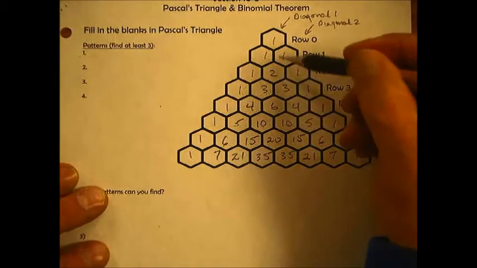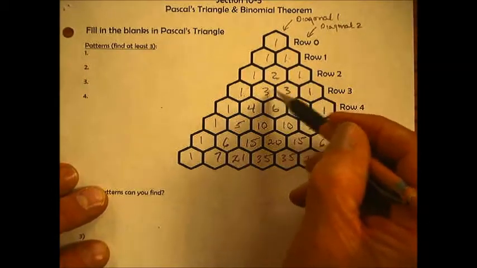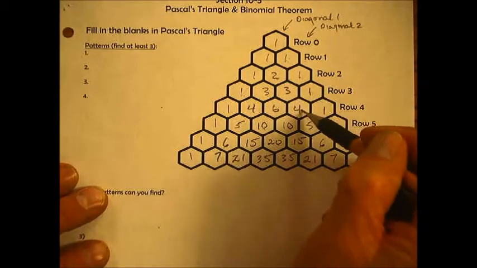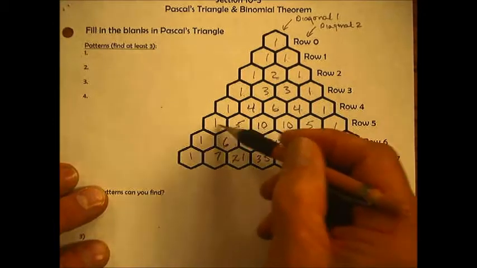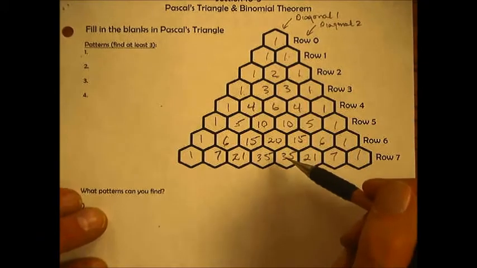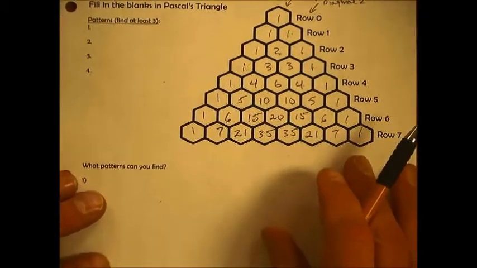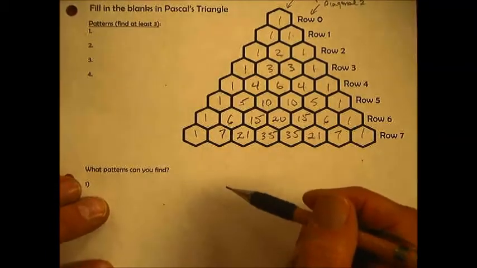It's also symmetrical if you look at it. It goes 1, 1 1, 1 2 1, 1 3 3 1, 1 4 6 4 1. So the left side is exactly the same as a mirror image of the right side. There are lots of different patterns, and see if you can discover some more of them.